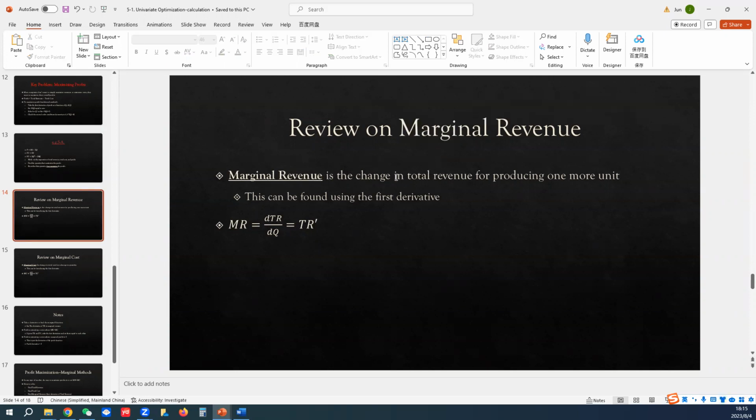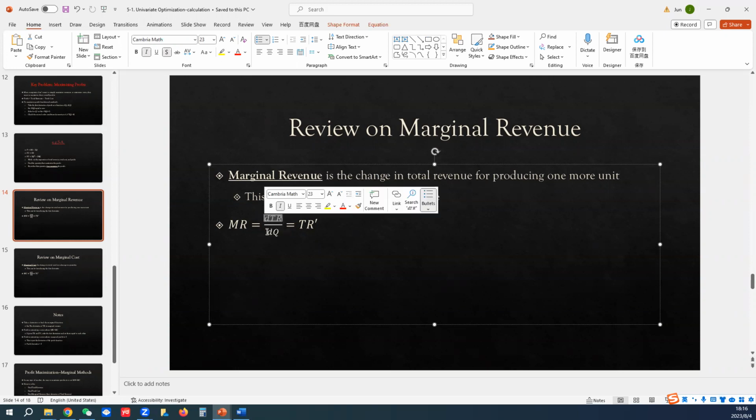Marginal revenue is the change in total revenue for producing one additional unit of product. One more or one additional, those are interchangeable. This basically means that the change in total revenue comes from a change in quantity, right?